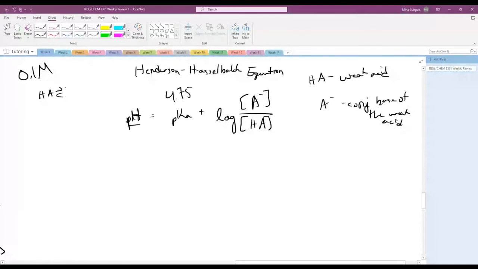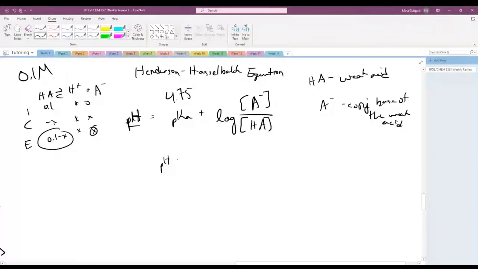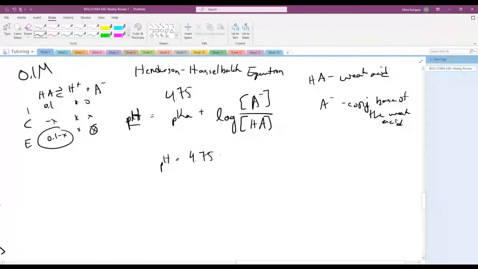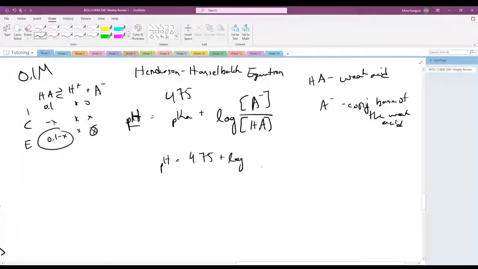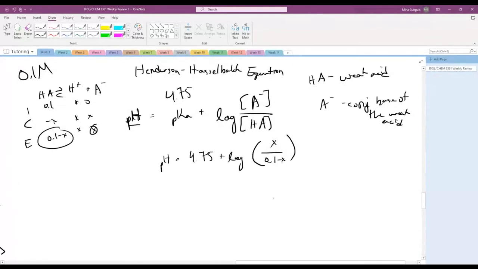For the sake of convenience, I'm going to go a little bit quicker. 0.1, 0, 0, minus x, x, and x. So 0.1 minus x, x, x. A minus is x, HA is 0.1 minus x. So I'm going to plug those in. pH equals 4.75 plus the log of x over 0.1 minus x.